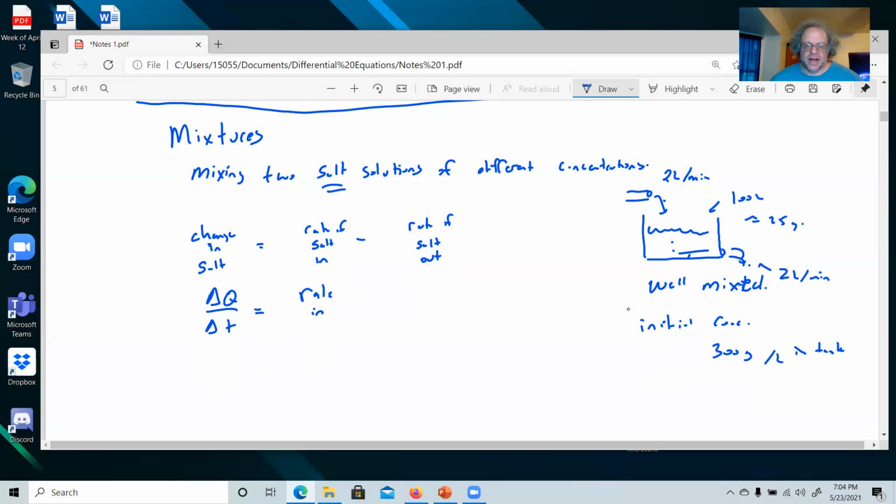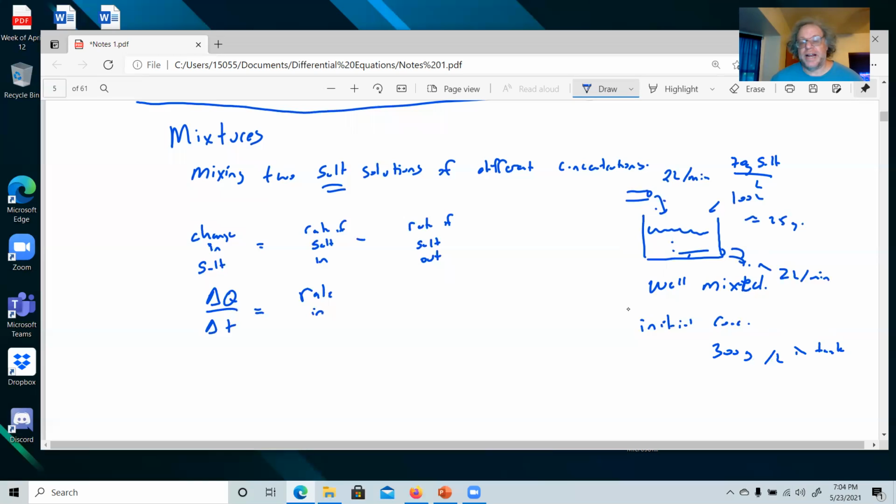And the stuff coming in has a concentration of, let's say, 70 grams of salt per liter. Then we have to figure out how much is coming out. We don't know.